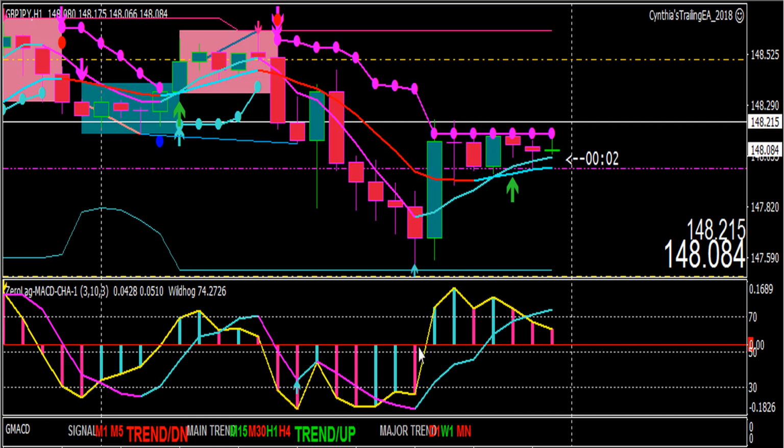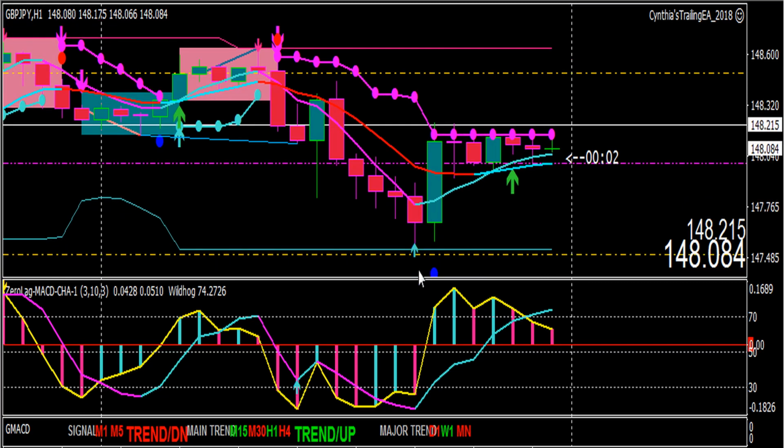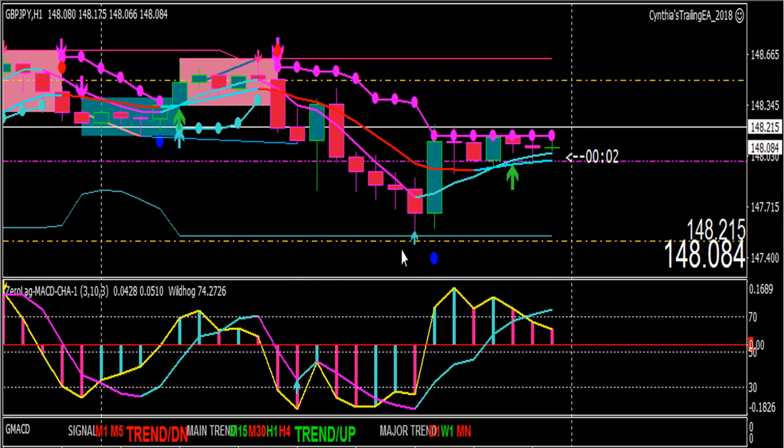And of course this would have been your exit right down here when the yellow line crossed the red 0 line. So you had an early warning that price hit the bottom of the Donchian channel support, and the candle tail had actually touched this sweet spot of 147.50. That's a major key level.